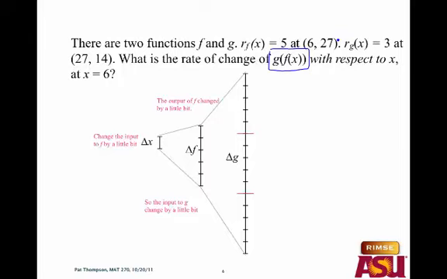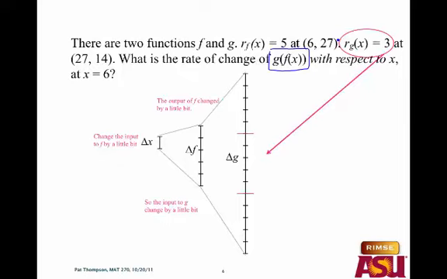So going through the whole function, we start with a little change in x. How much will G of f of x change for a small change in x? Brock says 15 times as much. Because f will change 5 times as much as delta x, and then G will change 3 times as much as that.